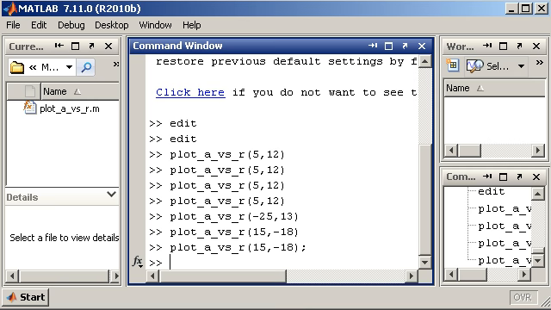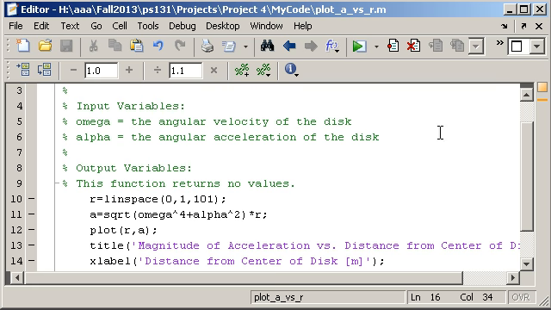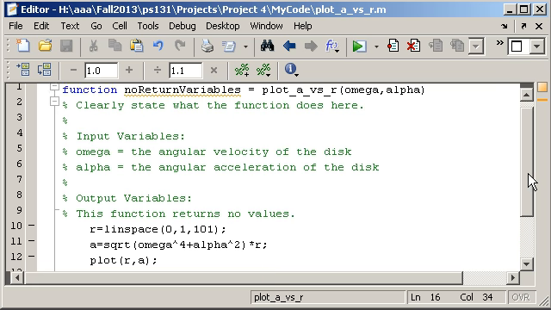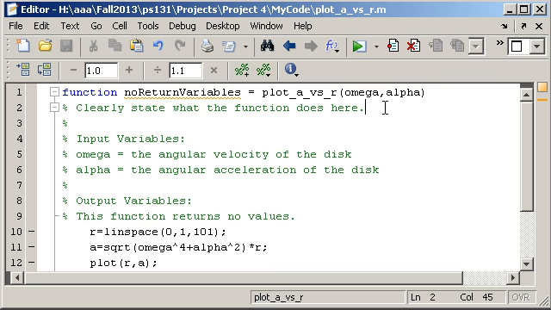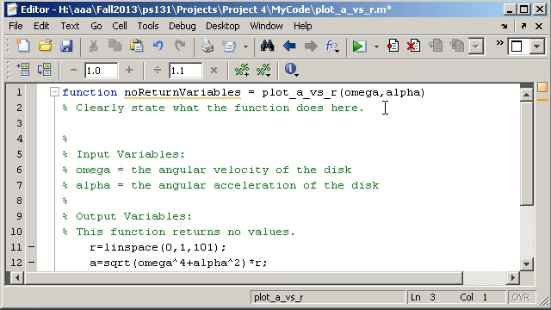Oh, you must have your name in every .m file. Without the name, you don't get credit for it. So, percent by Jeffrey Schnick. You make sure you put your name in there. And good thing I used the checklist. Code must be documented.